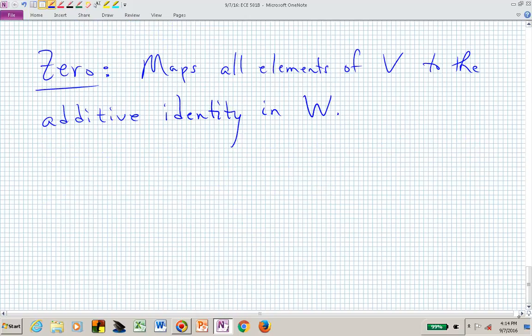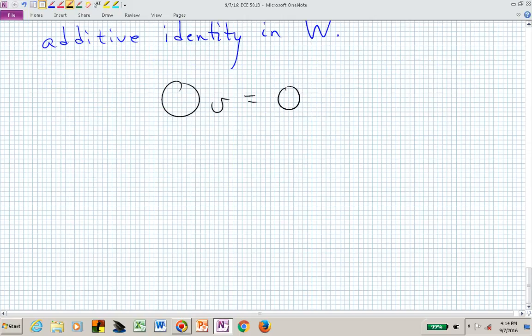And this may get a little bit confusing because we are actually going to overload the symbol zero. For example, the zero map I might just label as 0, which is applied to a vector V. Well, that's going to give me 0. But I'm meaning something different on the left-hand side with that symbol 0 and the right-hand side symbol 0. You can tell there's a distinct difference in the notation just there.